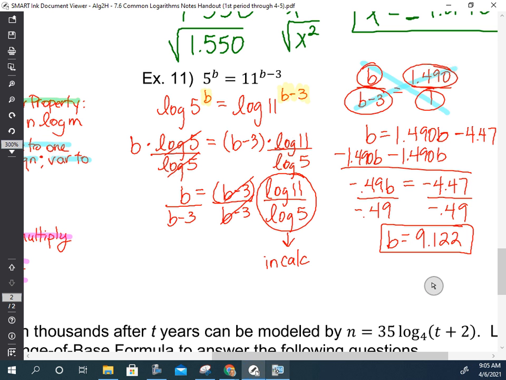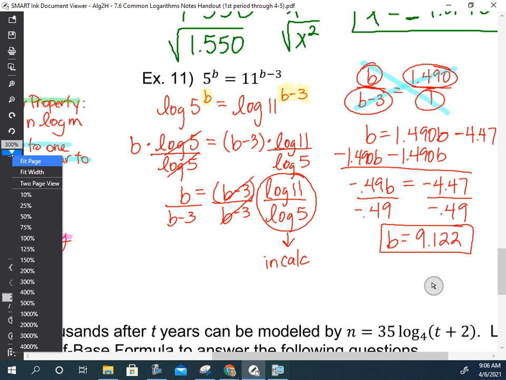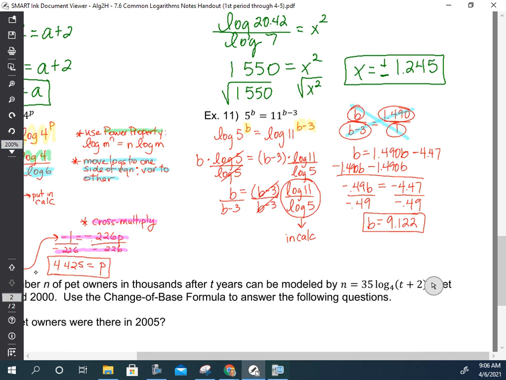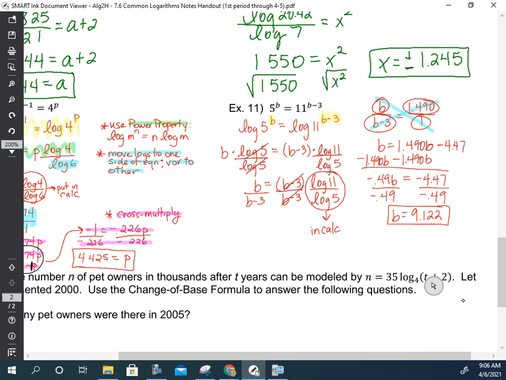Before we move to a word problem example to finish up. Of course, if you end up with questions, this is going to Google Classroom, so you're more than welcome to look at it as much as you want.